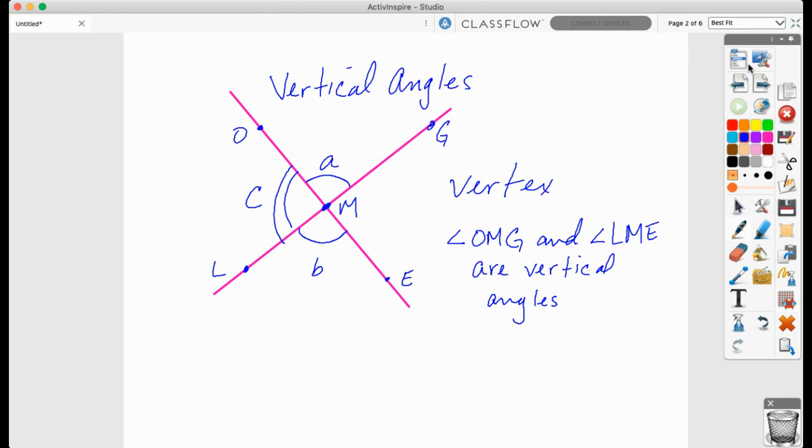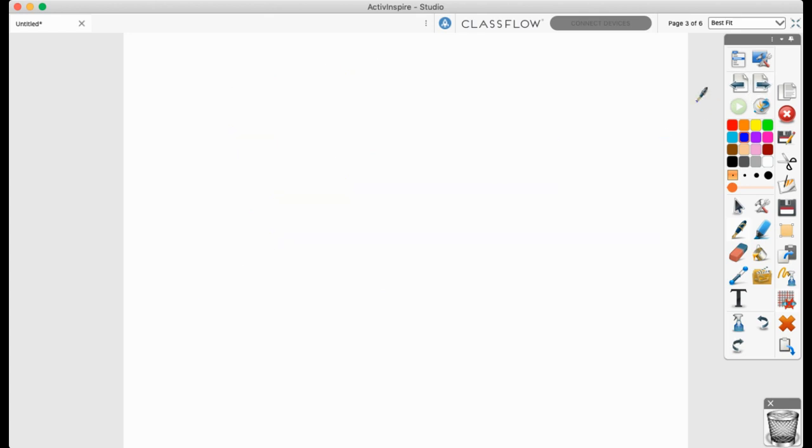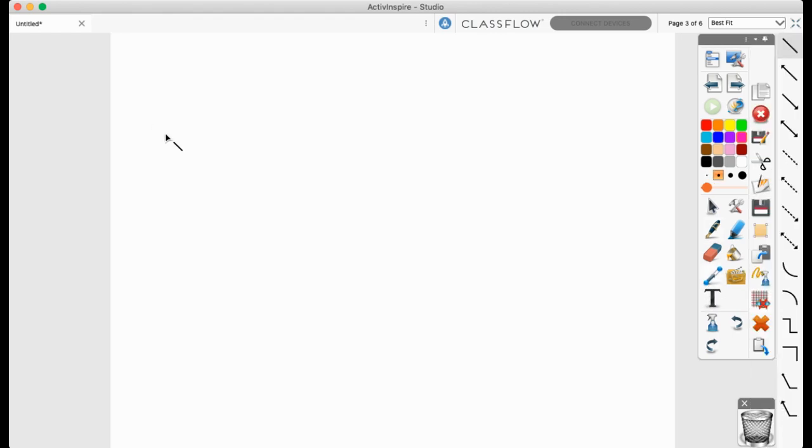Now, another kind of relationship that we can have doesn't have just two lines. It actually has what we talked about the other day, two parallel lines.